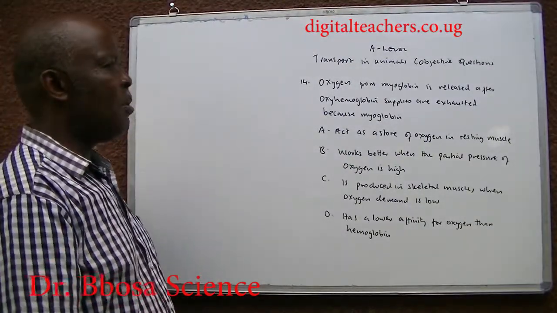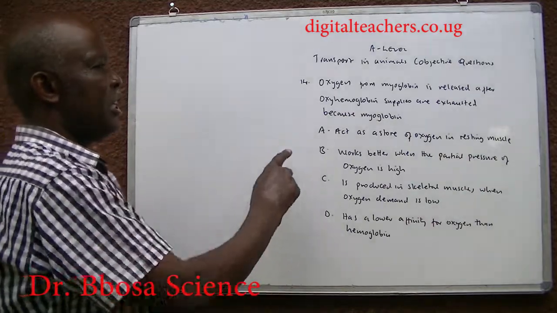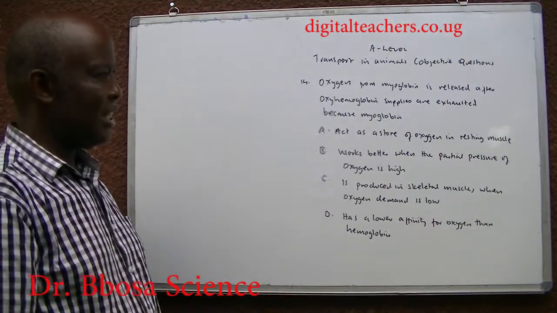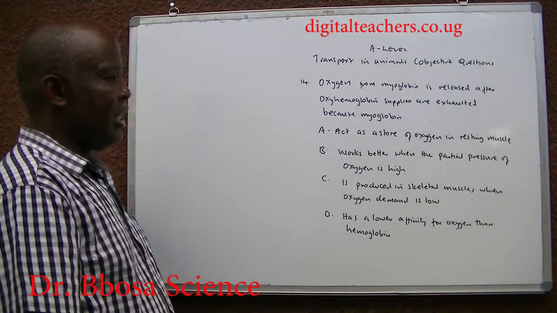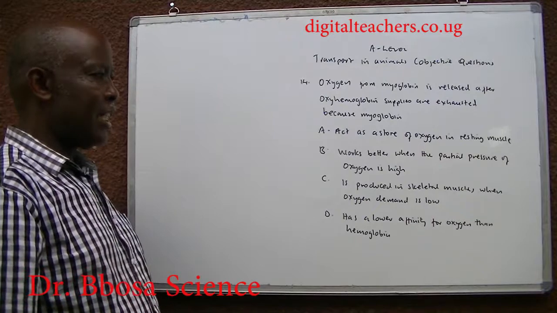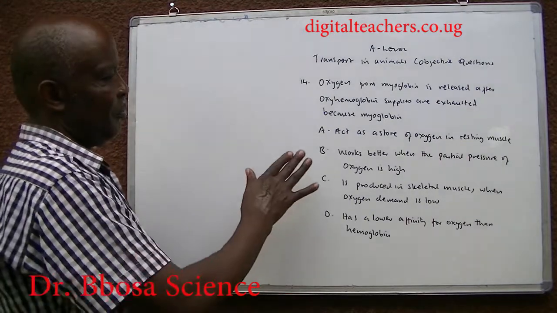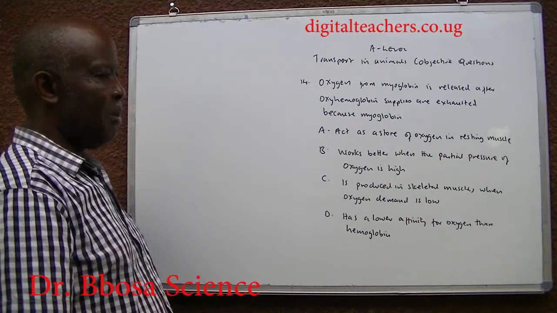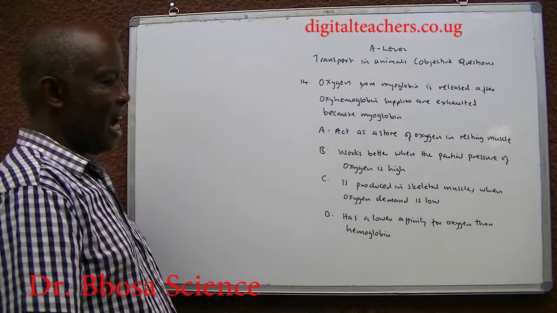Number 14. Oxygen from myoglobin is released after hemoglobin supplies are exhausted because myoglobin A. Acts as a store of oxygen in resting muscle. B. Works better when the partial pressure of oxygen is high.